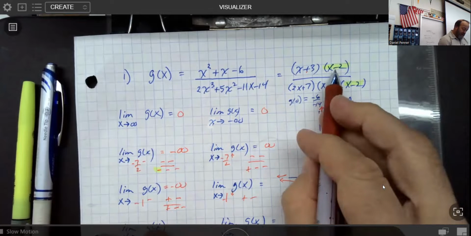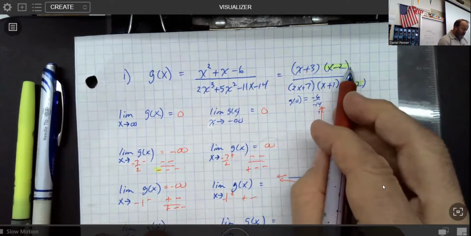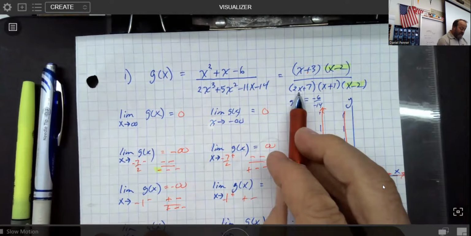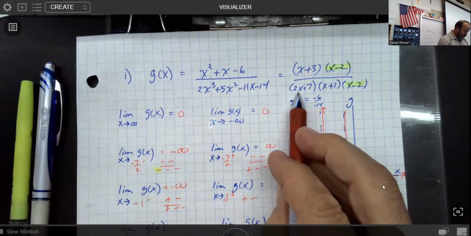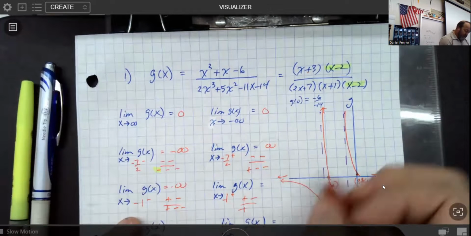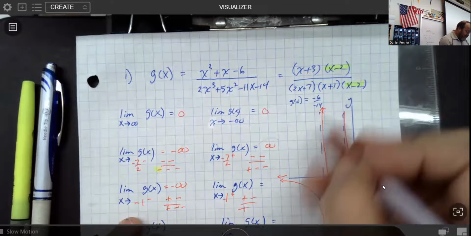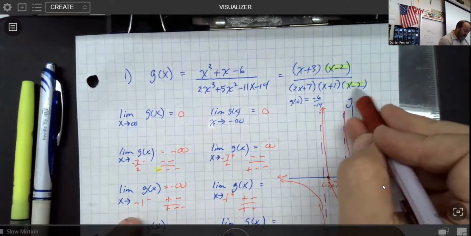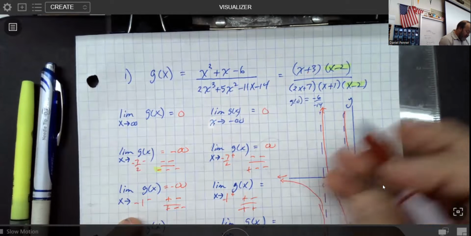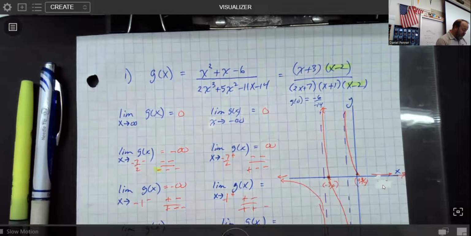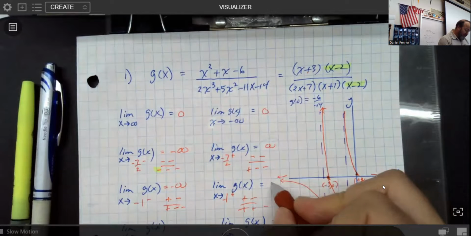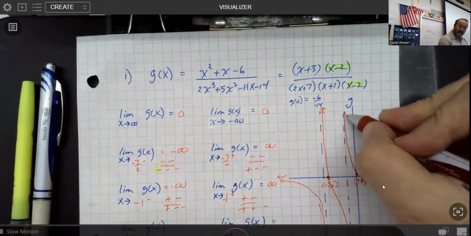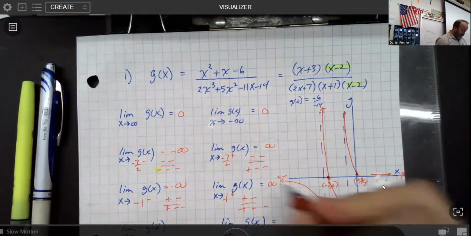Again, negative 0.9 minus 2 would be negative 2.9. Negative 0.9 times 2 is negative 1.8 plus 7. That's also positive. Negative 0.9 plus 1 is a positive, and negative 0.9 minus 2 is a negative. And so when I put all that together, I have only 2 negatives left, which makes a positive. So it in fact did go to positive infinity here, as I thought.